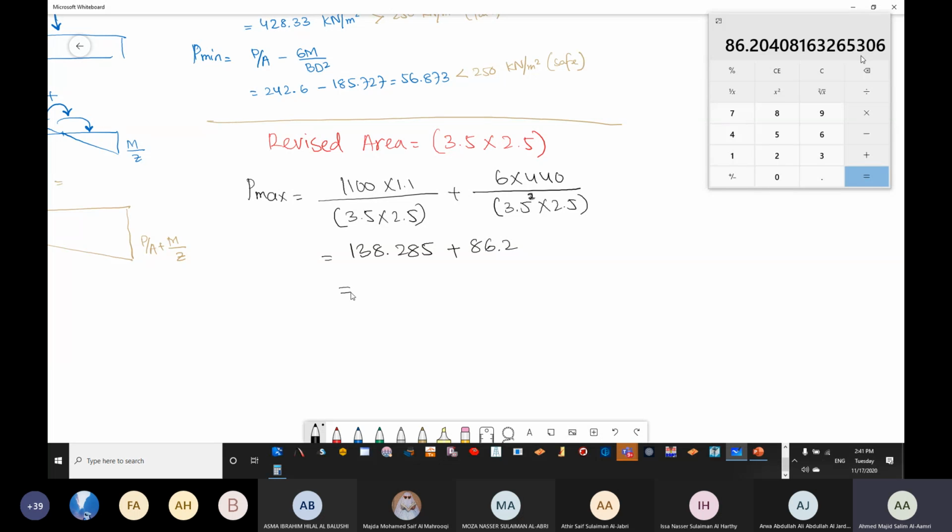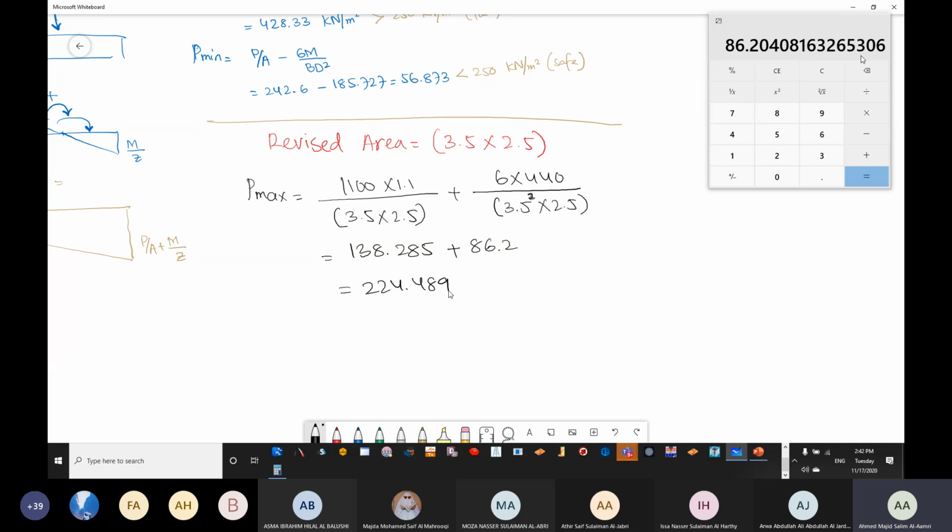Total is going to be how much? 224.489. The square is for 3.5, not 2.5. You are squaring the D, the bigger dimension.